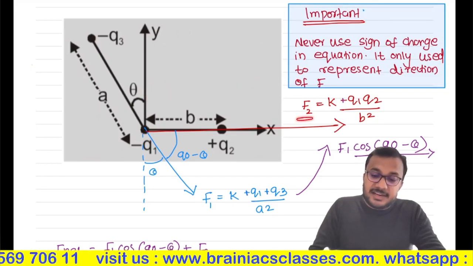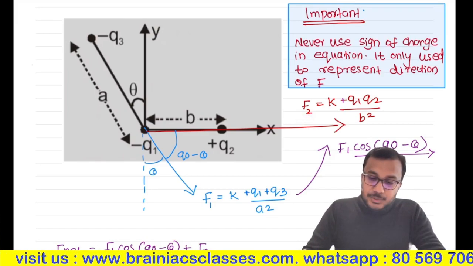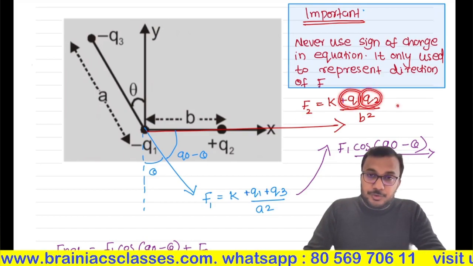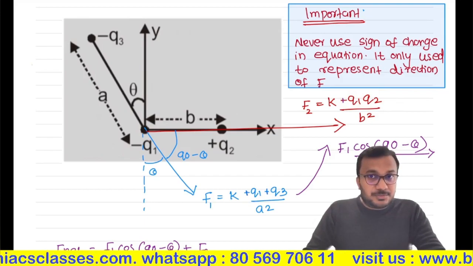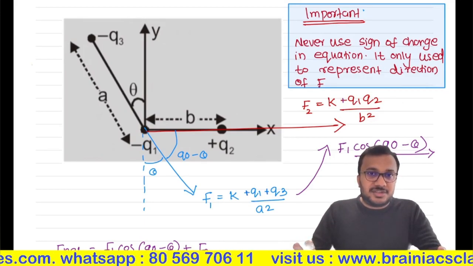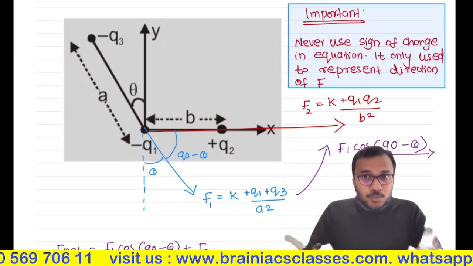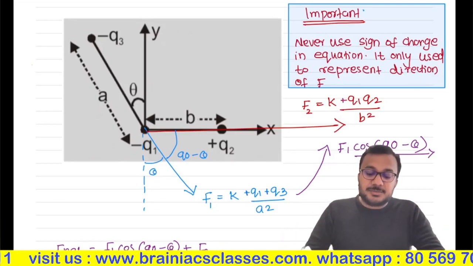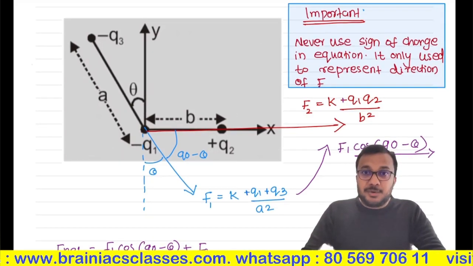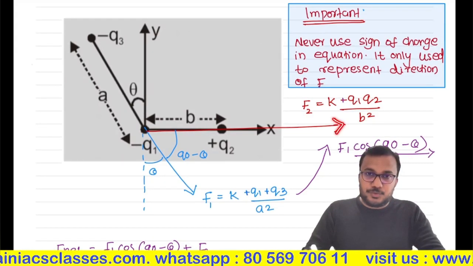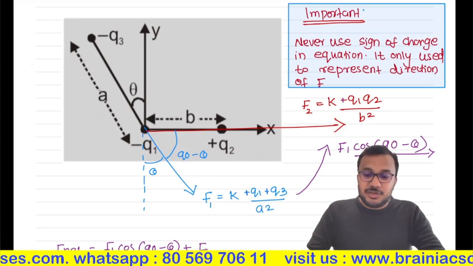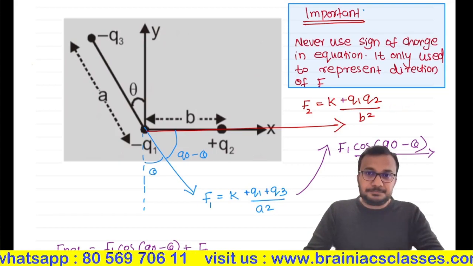That is what is given as F2. F2 is K into Q1 Q2. If you note here, I have taken positive charges, both positive, no negative charges. I could write minus Q1 into Q2, but that is wrong. You have to write Q1 into Q2 divided by the distance between them, B square. Now if you're asking what is the direction of the force, this is the force. Never take the minus sign into the equation.